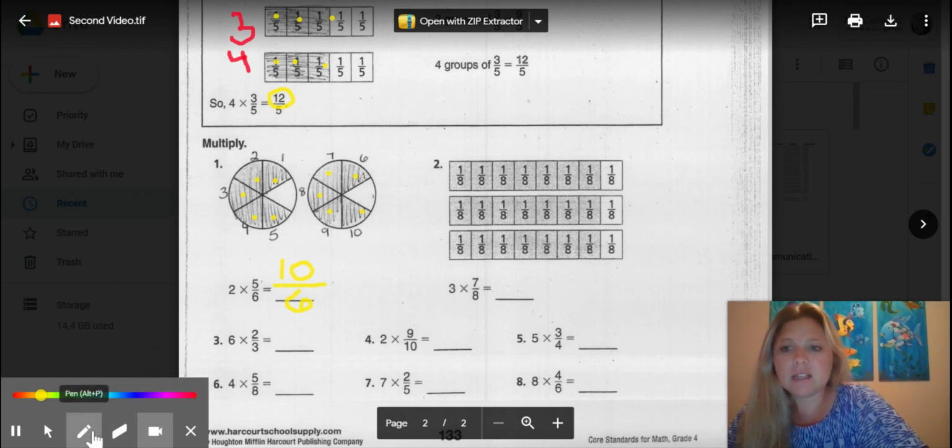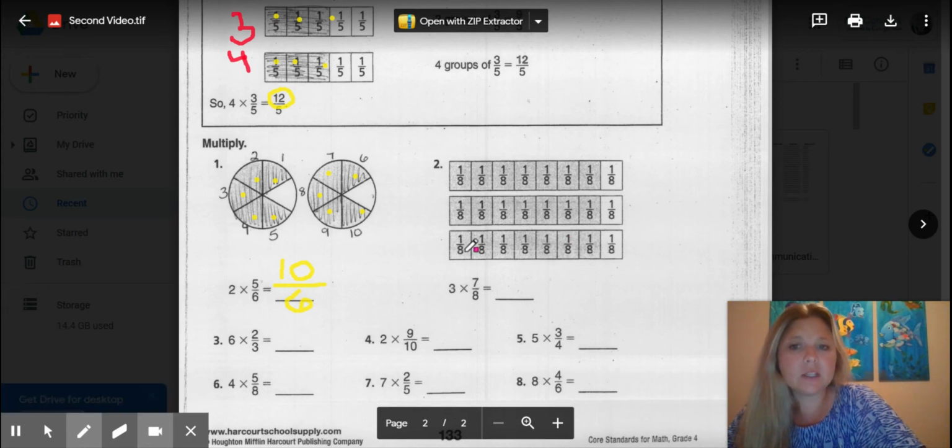Now, I feel like this next one is a little bit more challenging, so we're going to go through it. Again, if you were to count every single piece, 1, 2, 3, 4, 5, 6, 7, 8, 9, 10, 11, 12, 13, 14, 15, 16, 17, 18, 19, 20, 21.